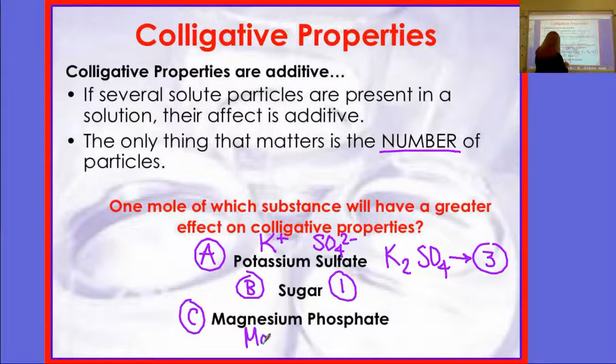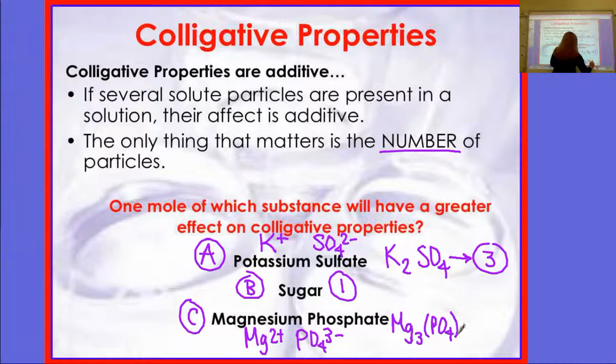But magnesium 2+, phosphate 3-. Magnesium phosphate's formula would be Mg3(PO4)2. When magnesium phosphate would dissolve, I would end up with 3 different magnesium ions plus 2 different phosphate ions, for a total of 5 different ions dissolved in there.